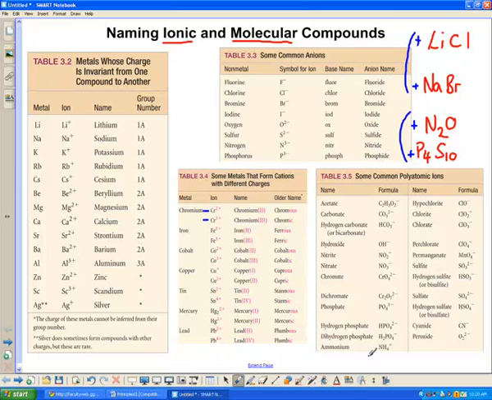The thing that's going to give you the most trouble are the polyatomic ions. For example, sodium nitrate. Some of you will try to take the nitrogen and oxygen and split them up and somehow name it that way, and that's not going to work because nitrate has its own formula. So the big question is, how are you going to figure these out?